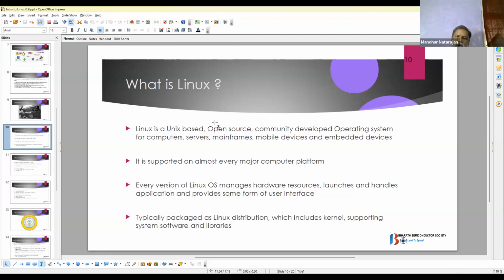It is available for servers, desktop computers, and mainframes, which is where it originated. It's available for mobile devices and embedded devices. Essentially, it's supported on pretty much every major computer platform, on different microprocessors, like Intel, ARM, or Apple architecture.